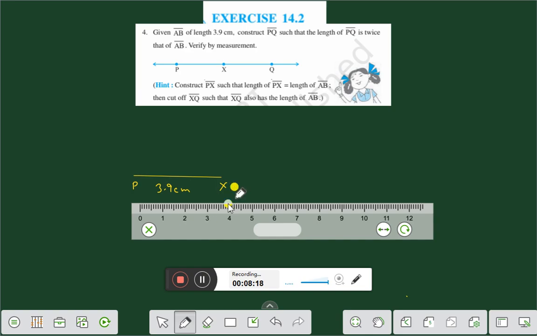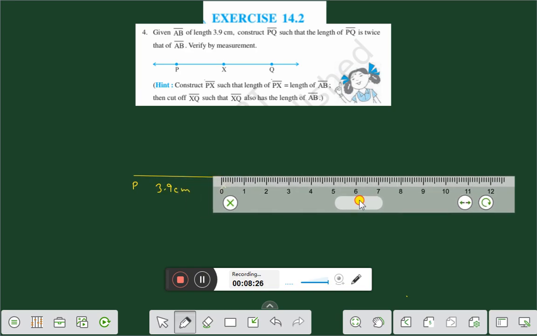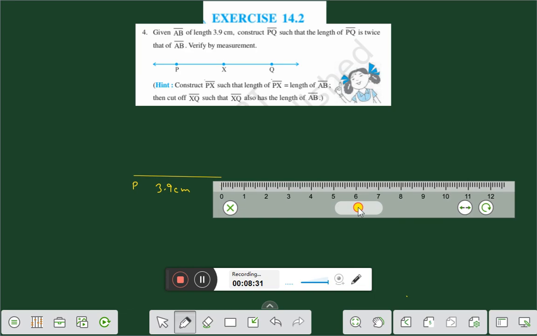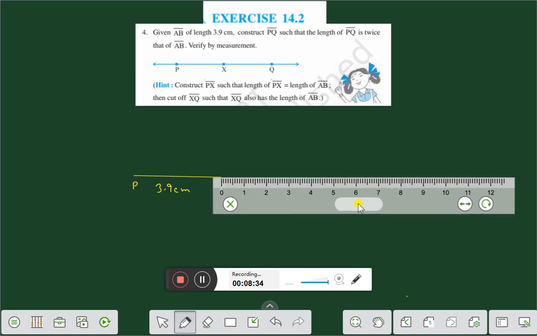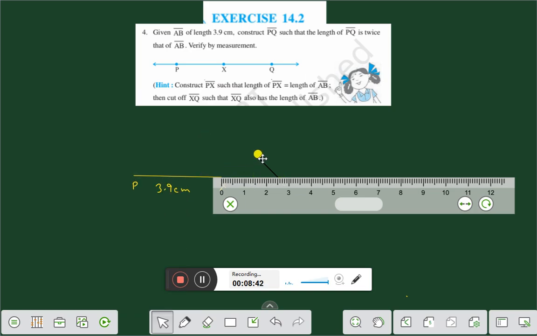That means we extend this line again. Take a line, put it on the 0 point, and put the other end on 3.9.